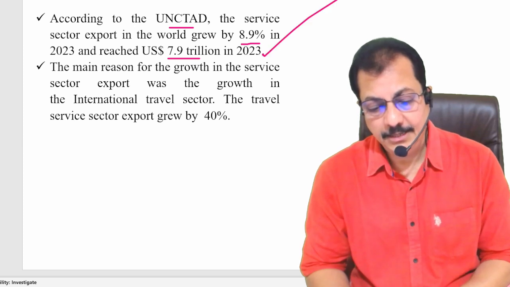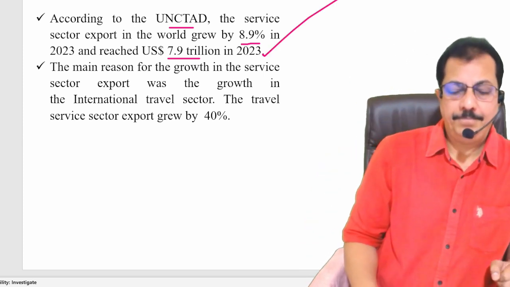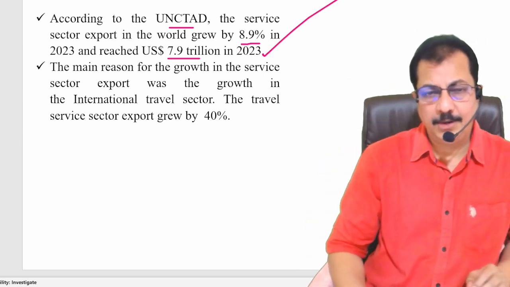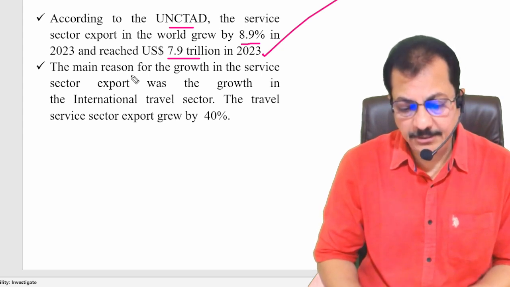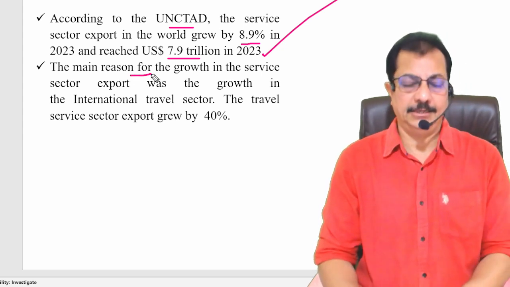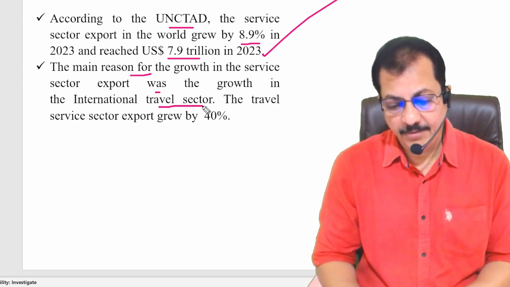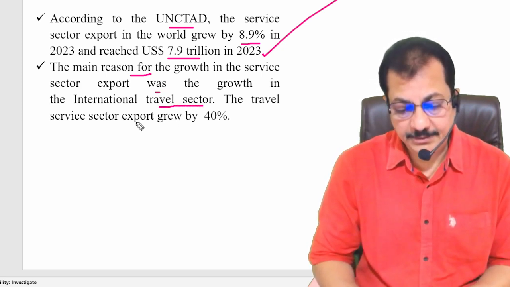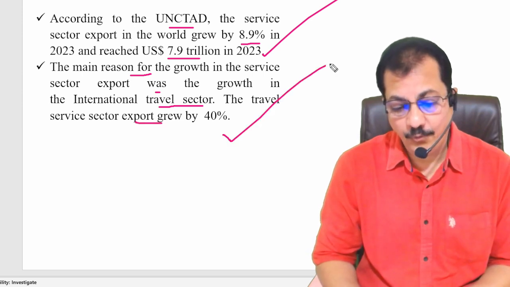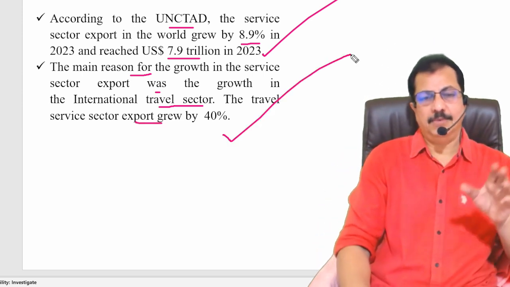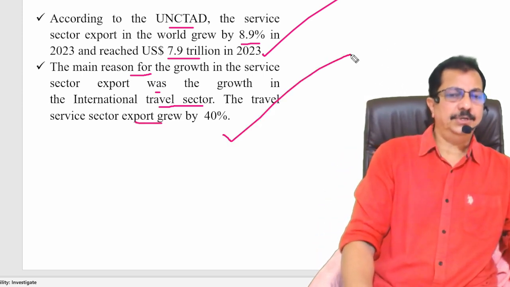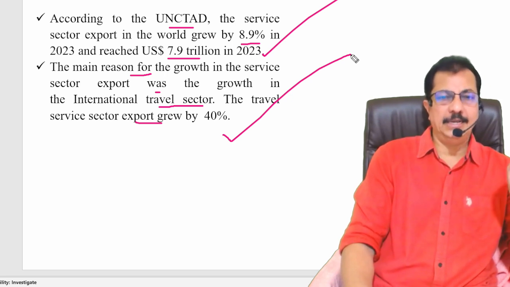Very important one. And what is the main reason for the growth in the service sector? The growth in the international travel sector, and the travel sector exports grew by 40%. That is the reason why there is a huge surge in the year 2023.